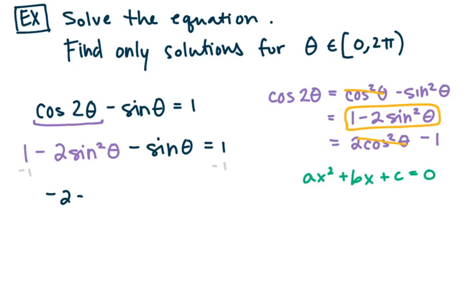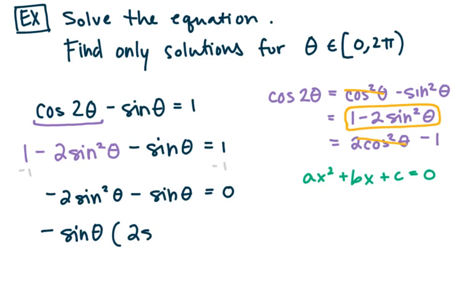Now I have negative 2 sine squared theta minus sine theta equals 0. And at this point, I notice that I have 2 terms and both of them have a sine theta. So I'm going to factor a GCF. And actually, since they're both negative, I'm going to factor out negative sine theta.